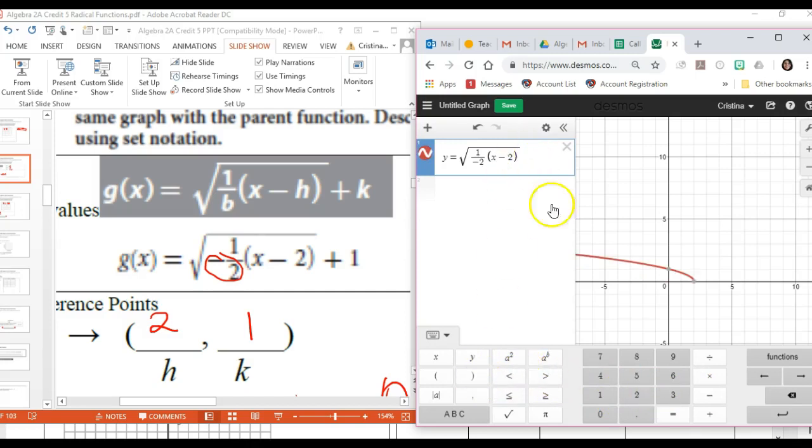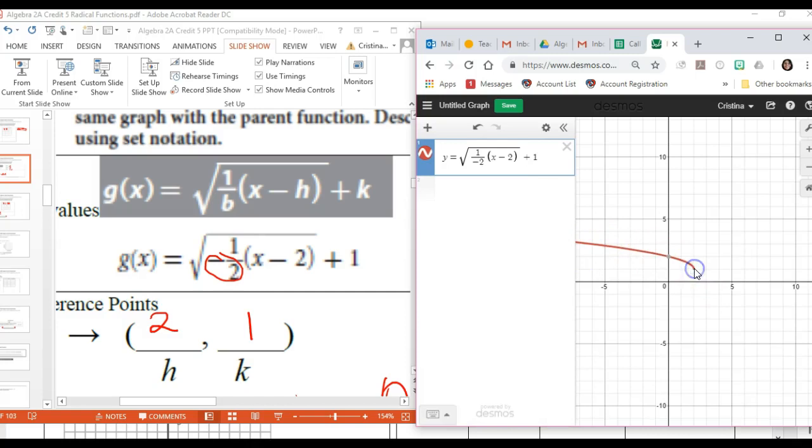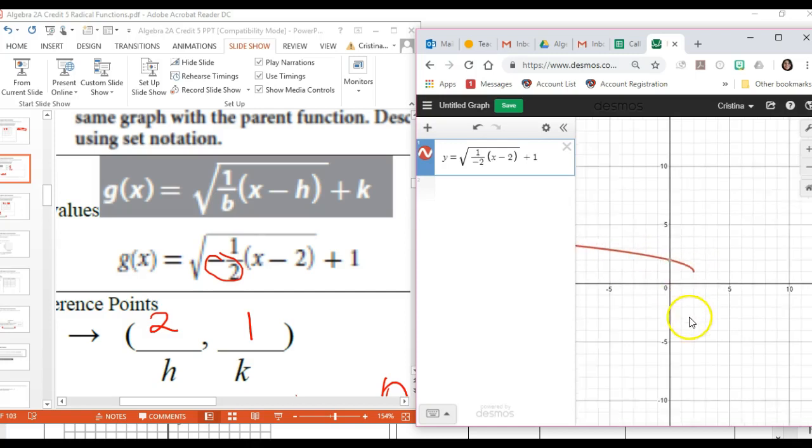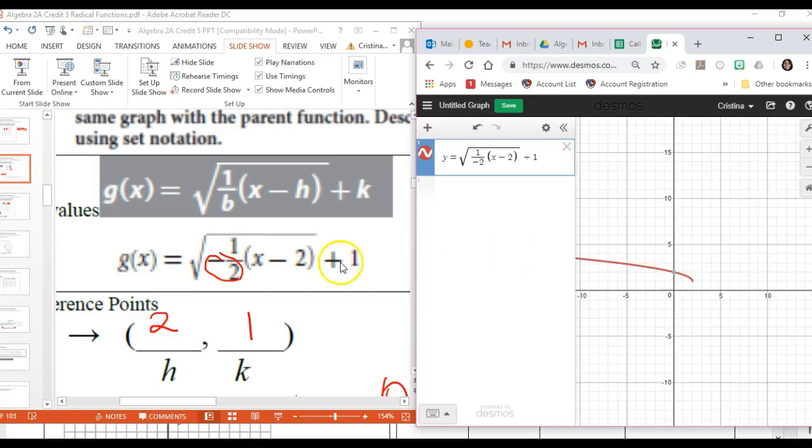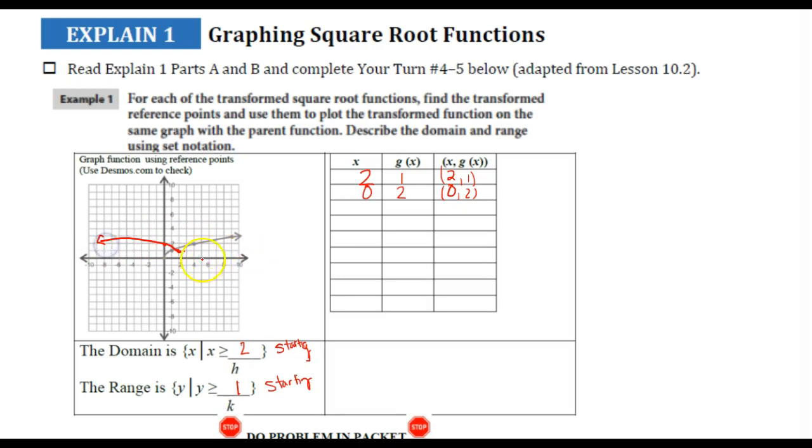I'm going to click out of the radical and write plus 1. As you can see here, that graph starts in one place and continues on. So we're going to draw a sketch of that on our graph. It doesn't have to be perfect, but that's our sketch of that graph.